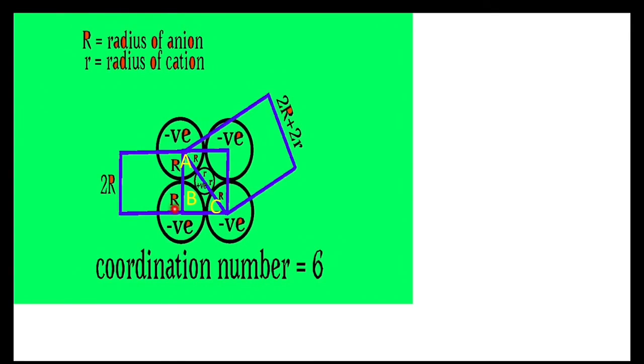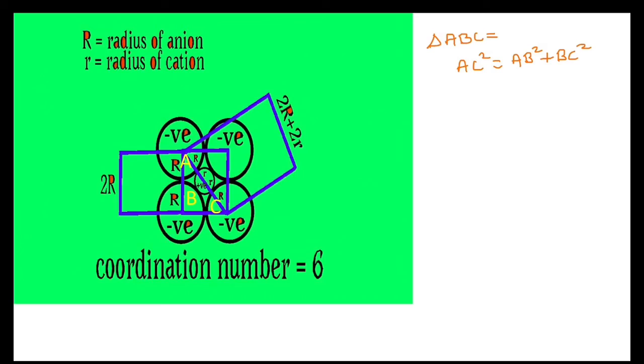So as per the Pythagoras theorem, we have AC square is equal to AB square plus BC square. Now let's discuss it. According to the Pythagoras theorem, AC square is equal to AB square plus BC square.